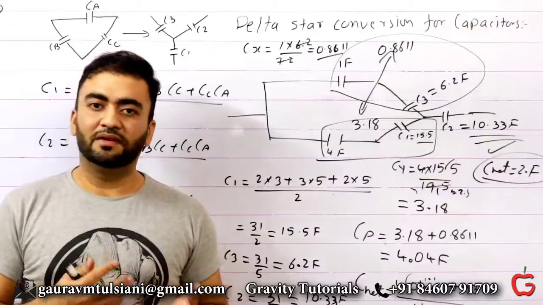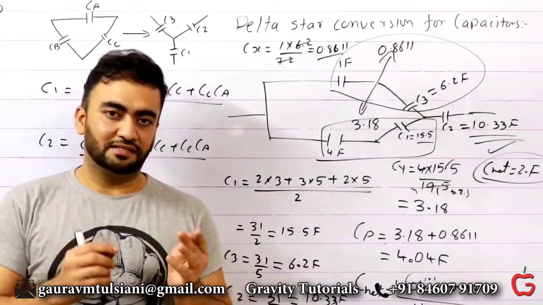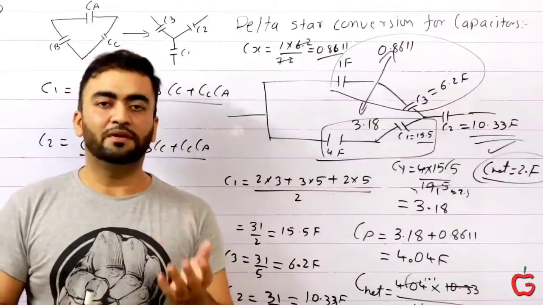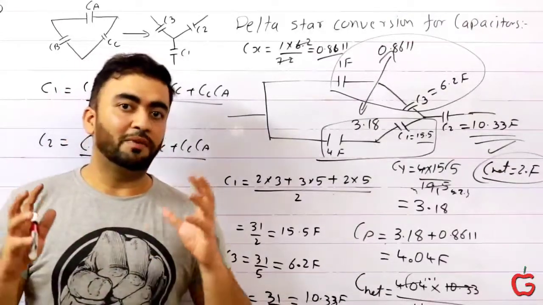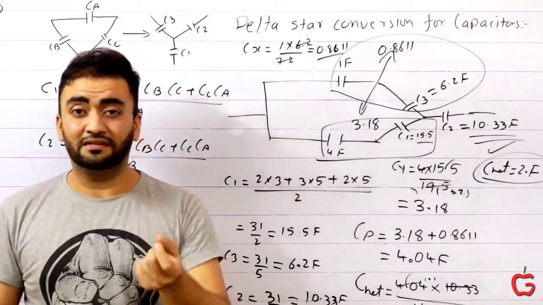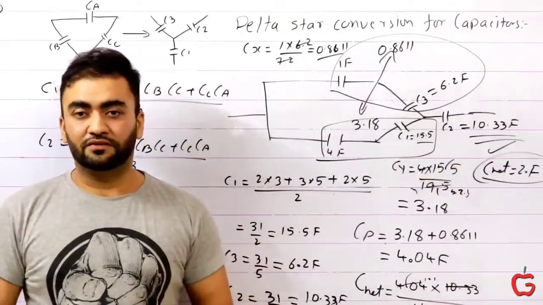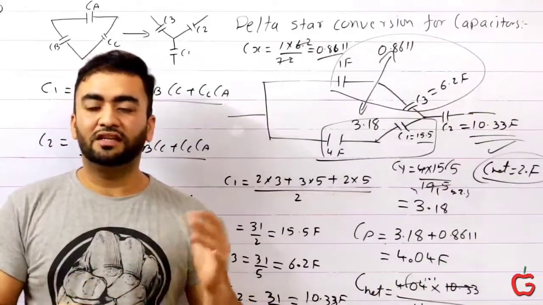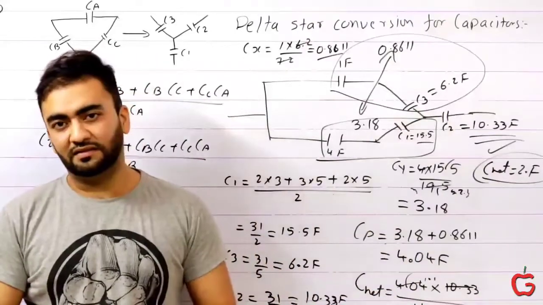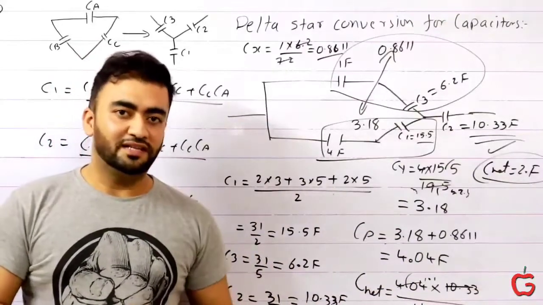So here we simplified 3 resistor or 3 capacitor junctions or triangles to simpler circuits. Even big complicated circuits which have a junction containing 3 resistors or capacitors can be solved using this. So what you have to try is convert them to series parallel, and then from there the path is the same and pretty simple.